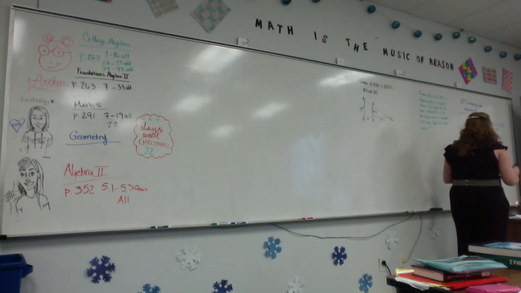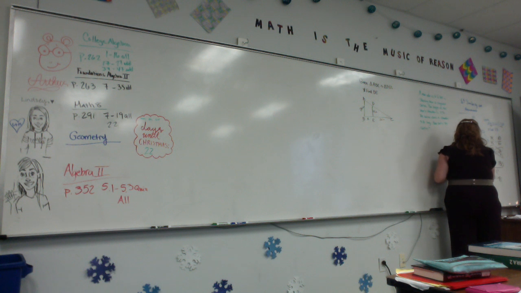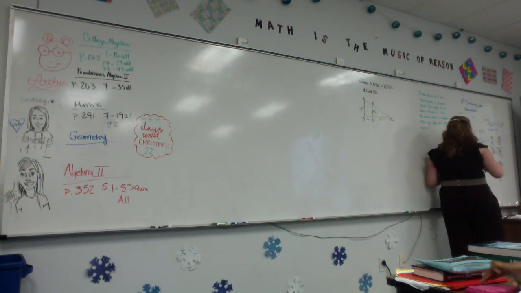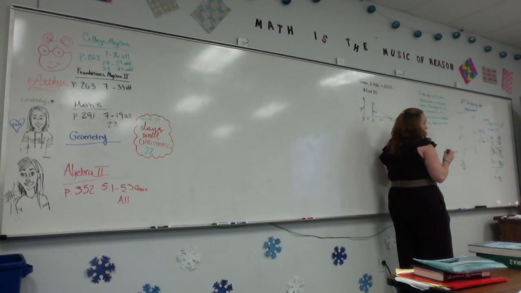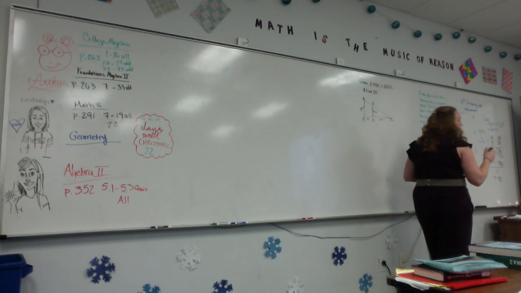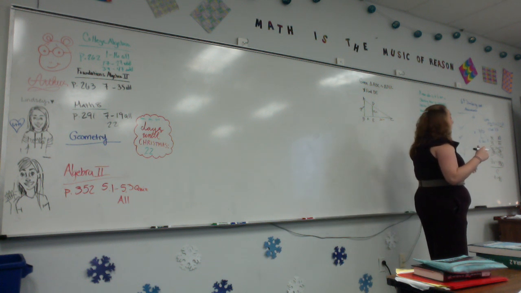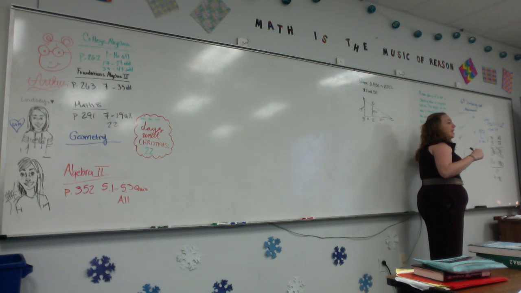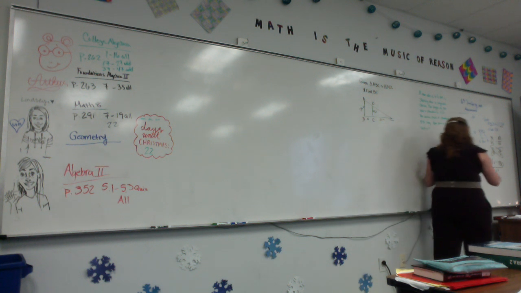Let's check and make sure we did that right. If I have 12 over 30, what does that reduce down to? If I divide both by 6, you get 2 over 5.